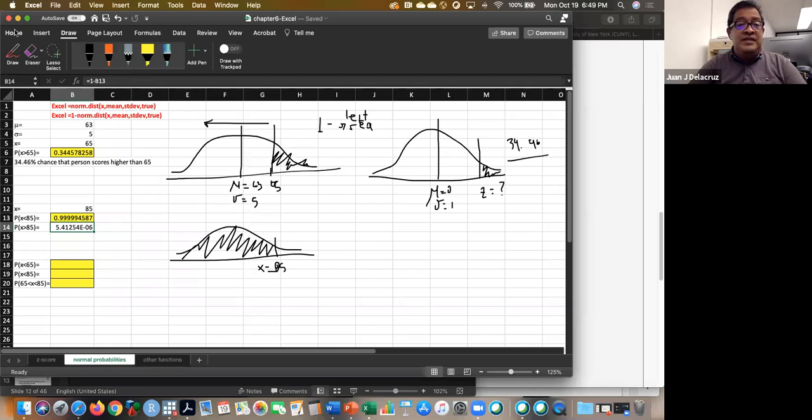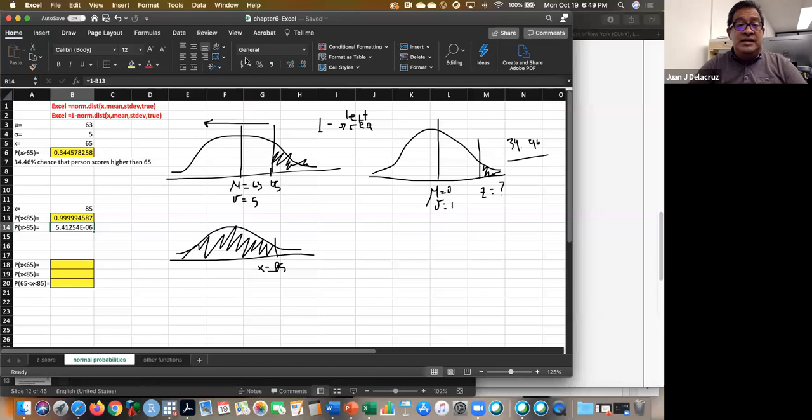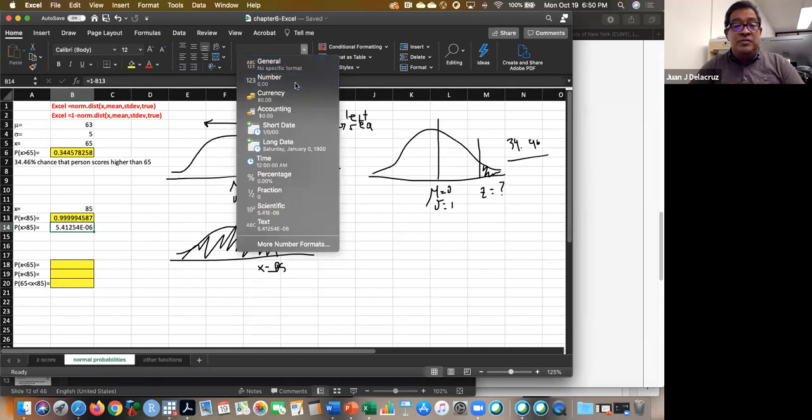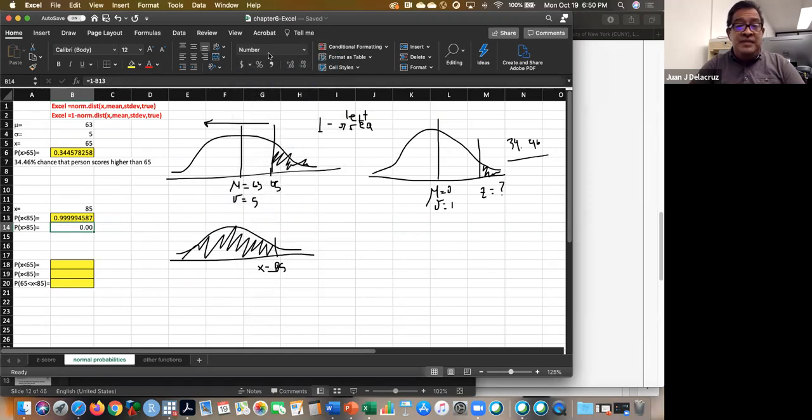Remember, when we have these numbers, the scientific notation tells me that I have to move the decimal point 6 values to the left, right? So the value is super small, less than 1,000. I mean, it's going to be a very small probability, right?